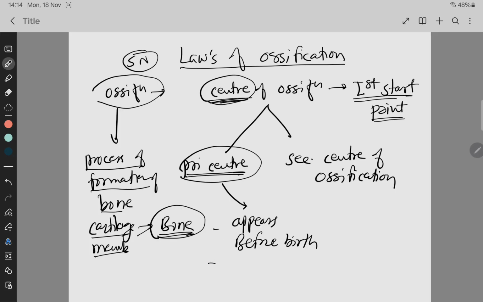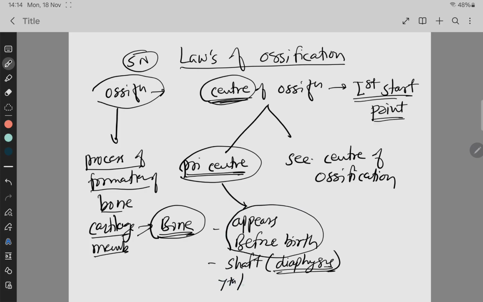And which part of the bone forms from the primary center of ossification? It is the shaft, and that we call the diaphysis. Normally it appears at the 7th or 8th week of intrauterine life.